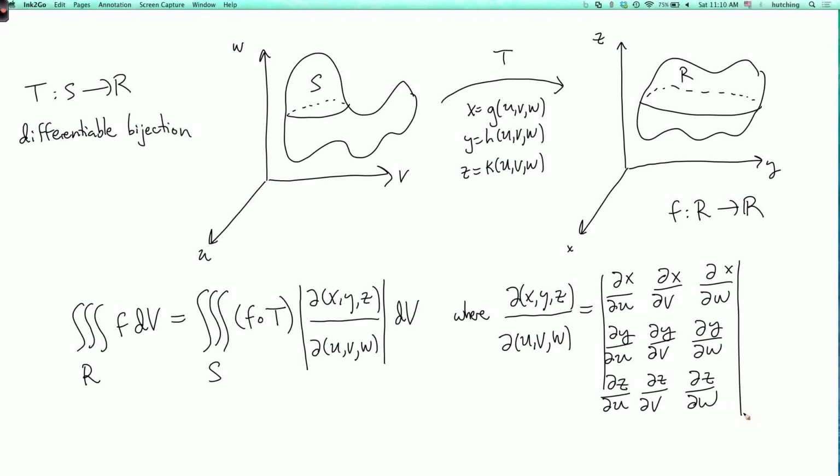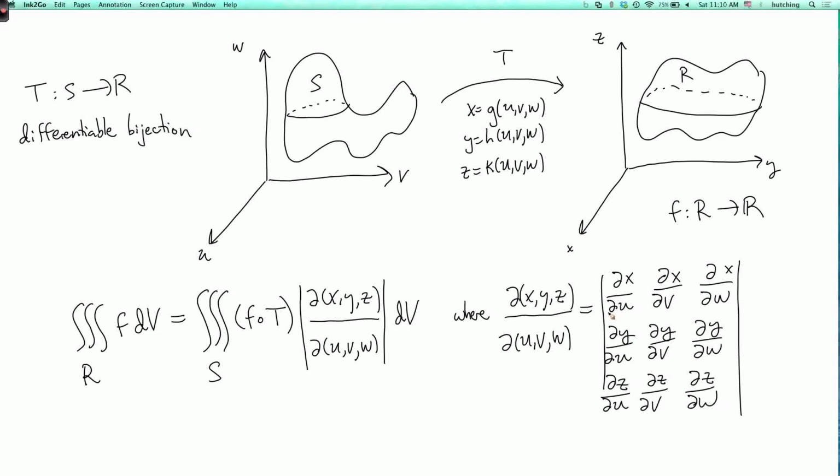Because remember, the determinant of a 3 by 3 matrix is plus or minus the volume of the parallelepiped spanned by the rows. It's also plus or minus the volume of the parallelepiped spanned by the columns.